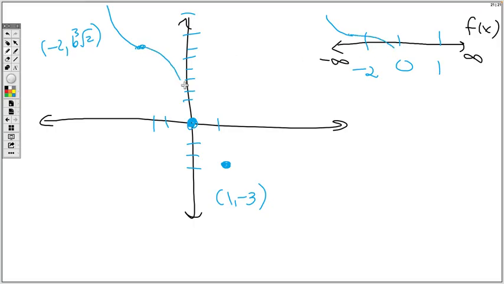Now coming into 0, what's going to happen? The first derivative at 0 is undefined, but on the other side of 0, it's decreasing but concave what? Up. So what kind of feature must be happening there? It's decreasing and concave down, the derivative doesn't exist, and then it's decreasing and concave up.